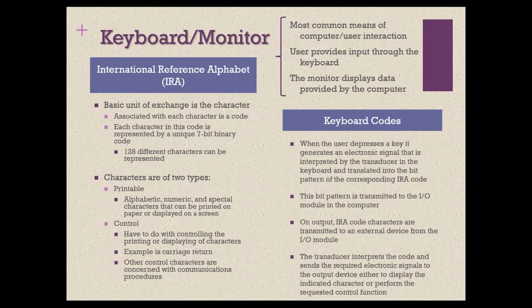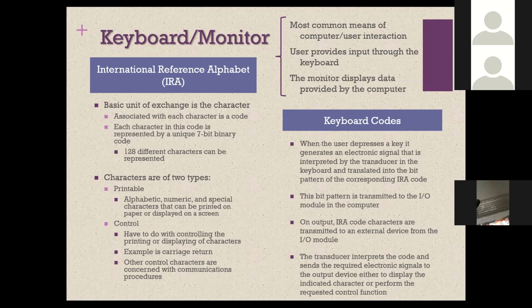At the computer, the text can be stored in the same IRA code. On the output, the IRA code characters are transmitted to an external device from the I/O module. The transducer at the device interprets this code and sends the required electronic signals to the output device, either to display the indicated character or perform the requested control function.